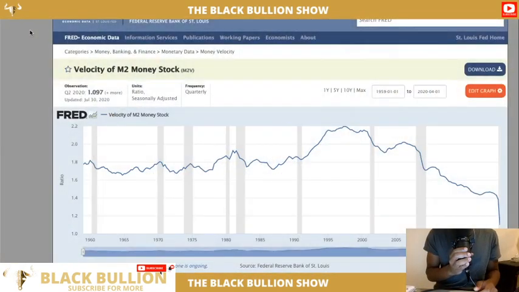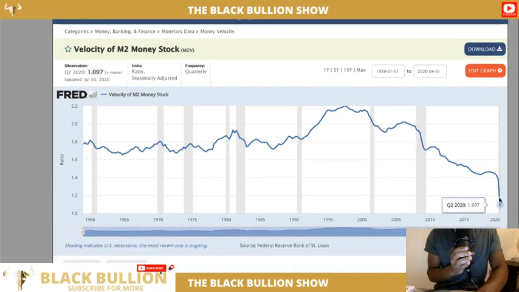Check this out, guys. In Q1 of 2020, let's move this mouse right over here to Q1 2020, we were at 1.381 in velocity. By Q2, we plummeted to 1.097. That's a huge drop.